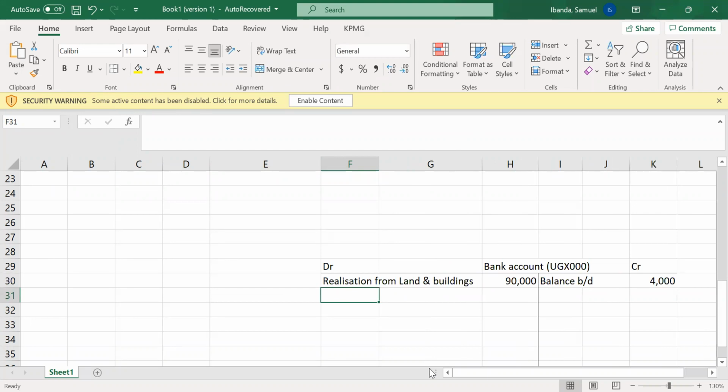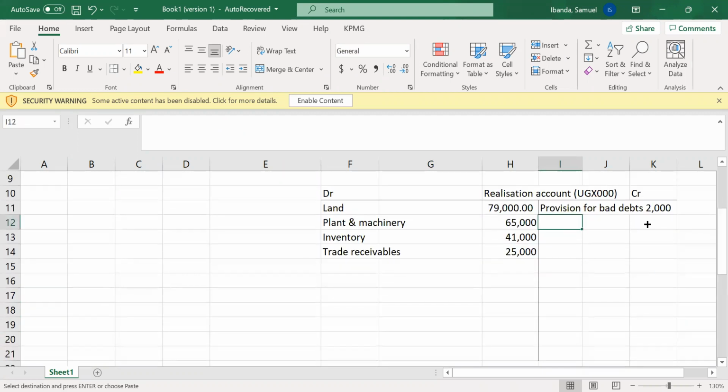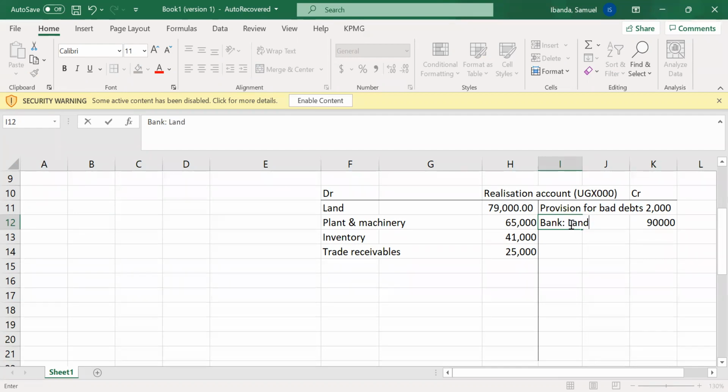The next thing is that this again will go to your realization account, but in this case it will be credited, because we are debiting bank as we credit here. So we have our 90,000 here. So we have our bank, and this is coming from this realization of land and building. So you have something like this.